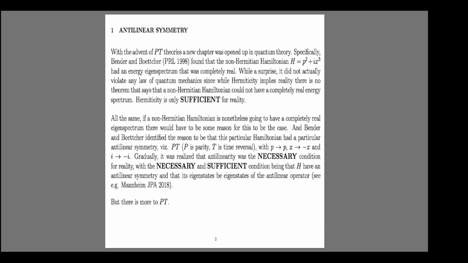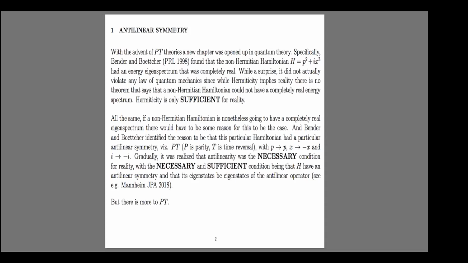All the same, if a non-Hermitian Hamiltonian does have a real eigenspectrum, there has to be some reason. And Bender and Boettcher identified the reason to be that this particular Hamiltonian, the p squared plus ix cubed, had an anti-linear symmetry, which we all know is PT. P is parity, T is time reversal.